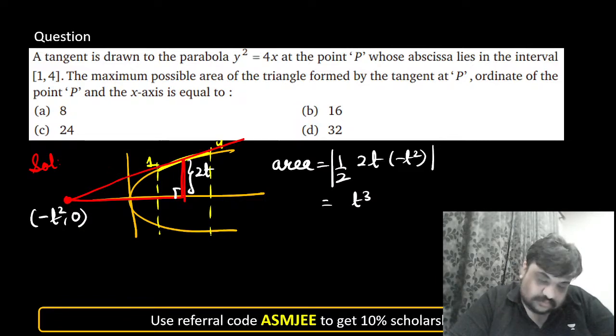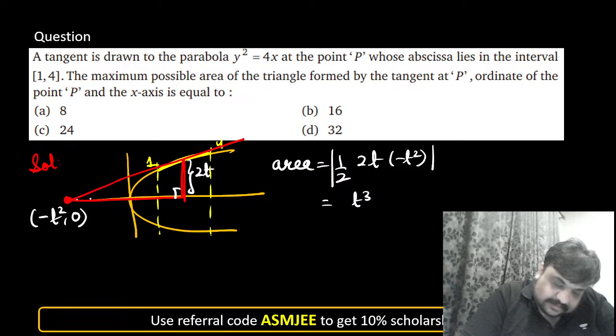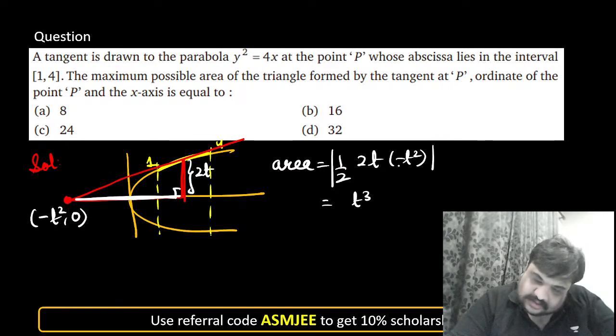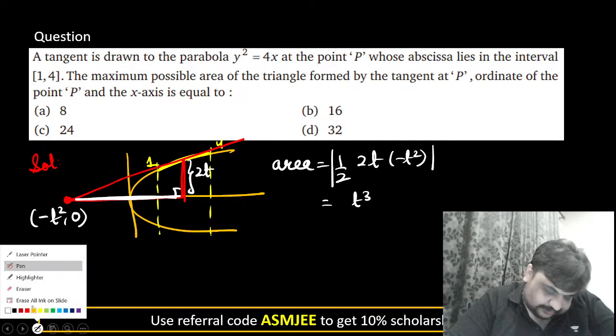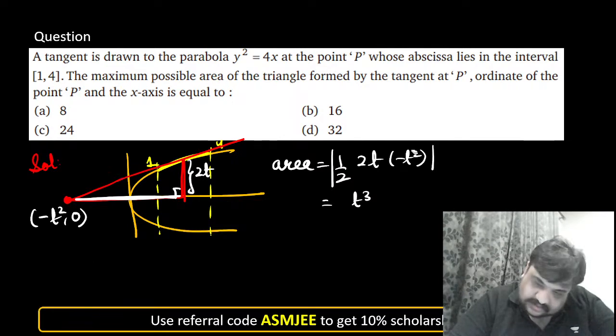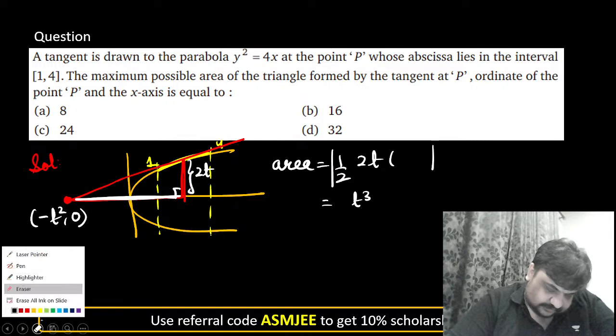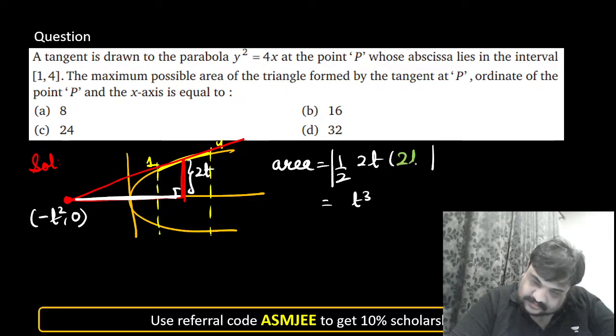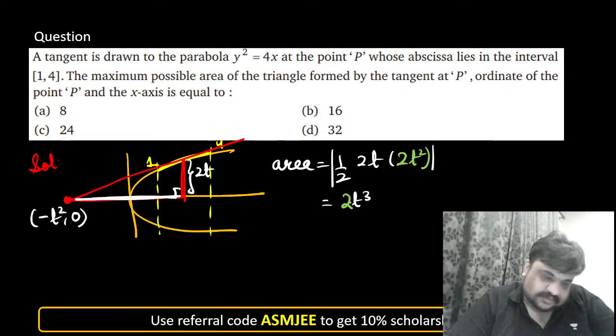Actually no. This is the base. Base is t square plus t square, 2t square. This is t square. Base will be 2t square. So it is 2t cube.